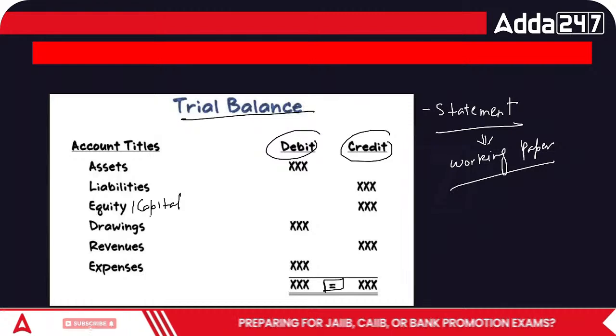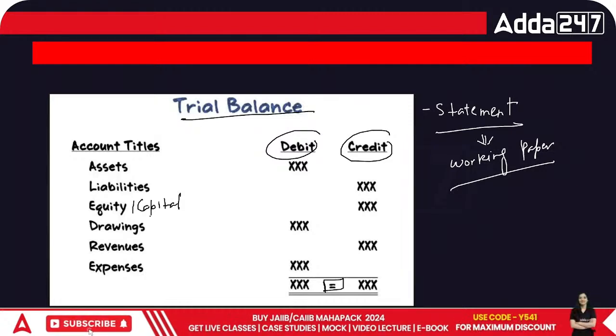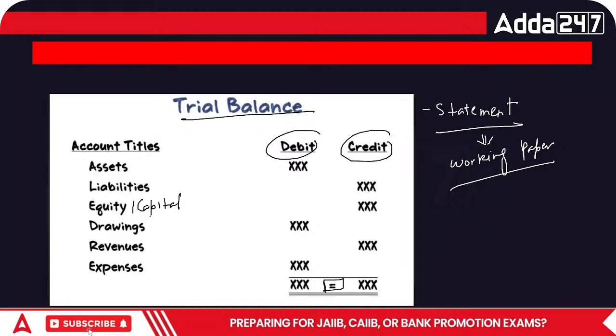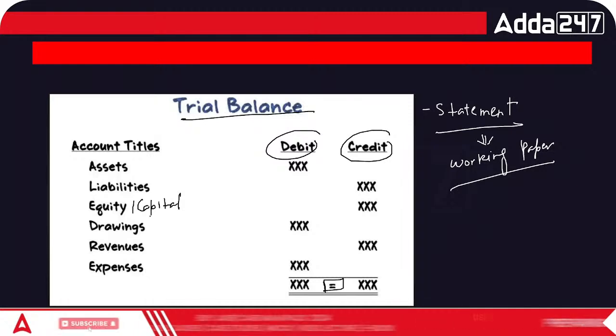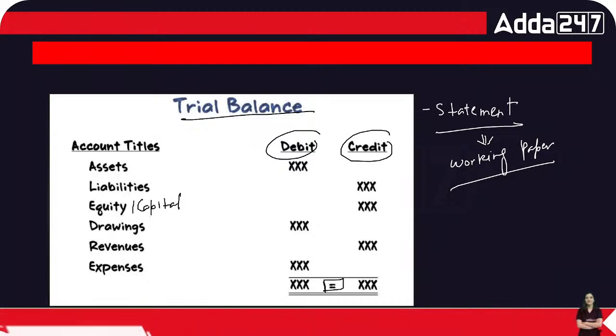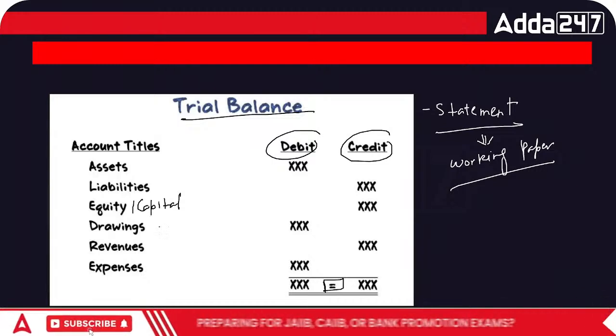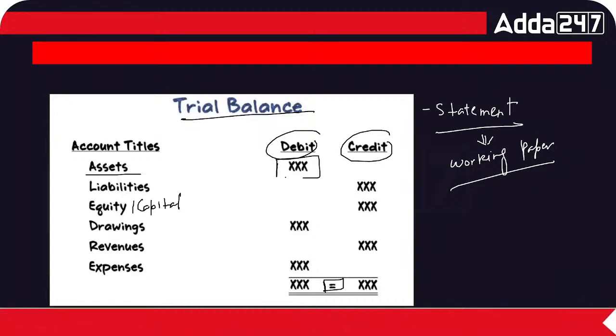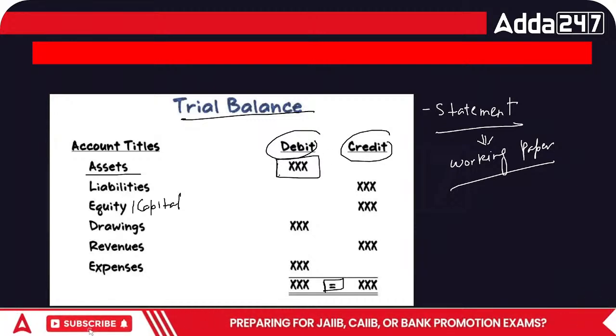Number one, when we talk about assets, assets can be said as something which always starts from the debit side. Assets are on the debit side, while liabilities will always be on the credit side. The rule itself states that when we have assets in the business, the assets are always on the debit side. This is the basic nature of accounting.